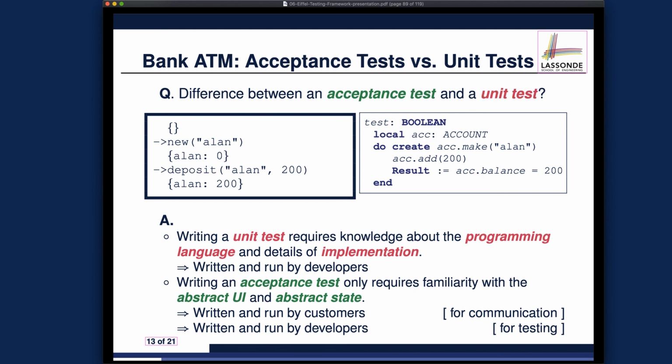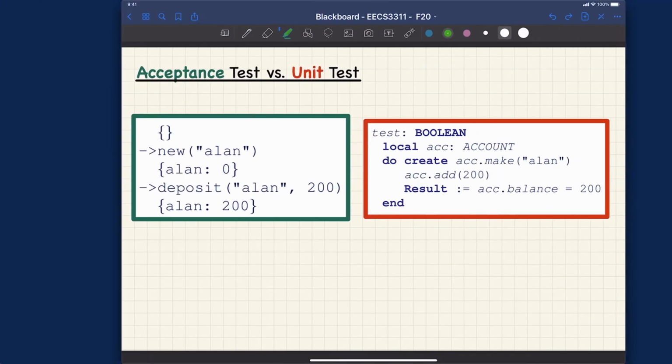Let's recap very quickly the terms we have been discussing. Let me switch back to this example over here. In the case of the acceptance test, these three are the abstract states. Let me just put it down over here. So these are the abstract states. And also this part over here, new and deposit, just two examples.